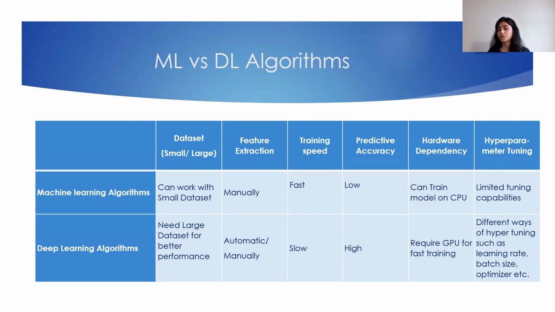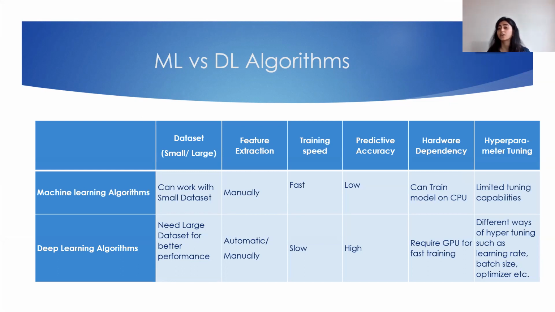Then we talk about the training speed. For the machine learning algorithm, the training speed is very fast, and for the deep learning algorithm, because these algorithms are very complex and computation is high, training speed is very slow. If we talk about the accuracy, the machine learning algorithms' accuracy is lower than the deep learning algorithms. Why?